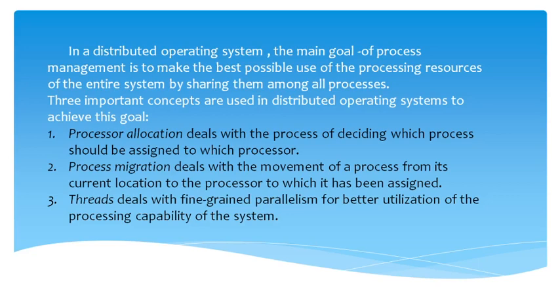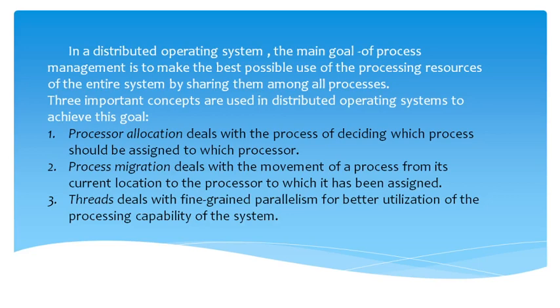You know that in a centralized operating system, there will be different mechanisms and policies for sharing the processor of the system. Why? Because that centralized processor should be shared among all the processes.